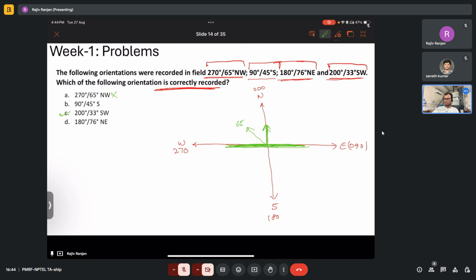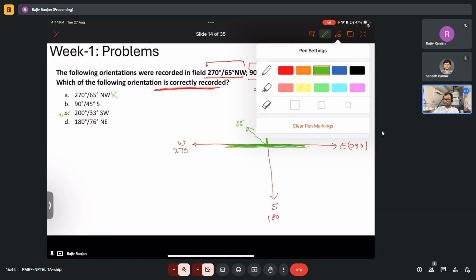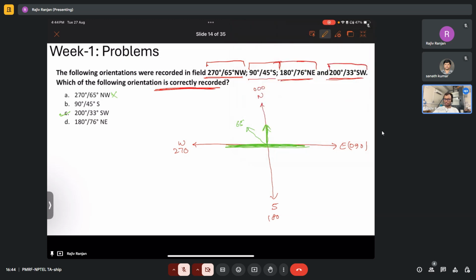Now let us check option B. Option B is 090, so again the strike is the same, and it's 45 degree south. This is the strike, and 45 degree towards south. Let me go one by one.